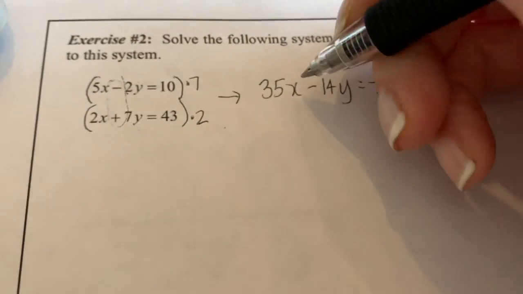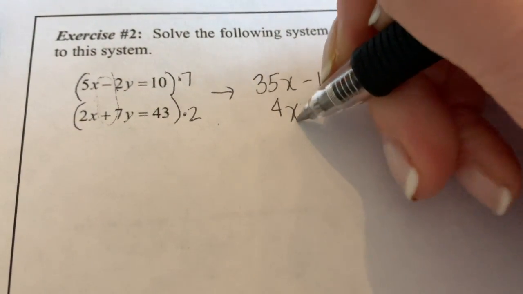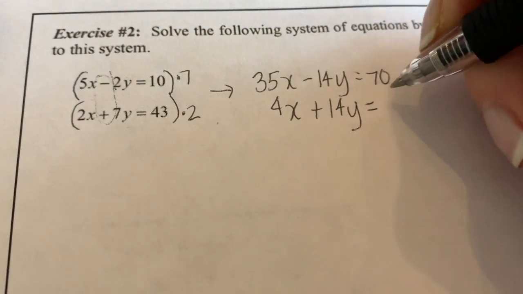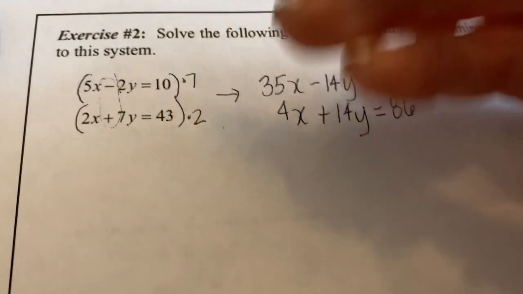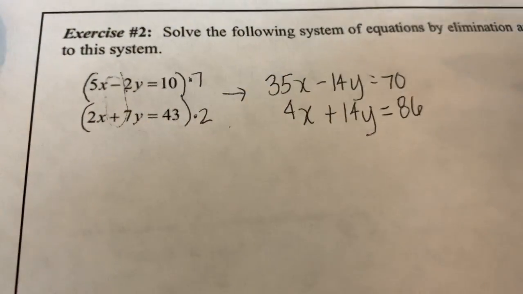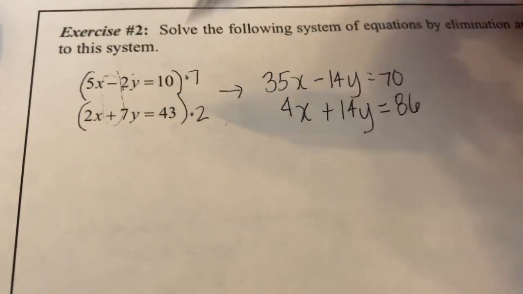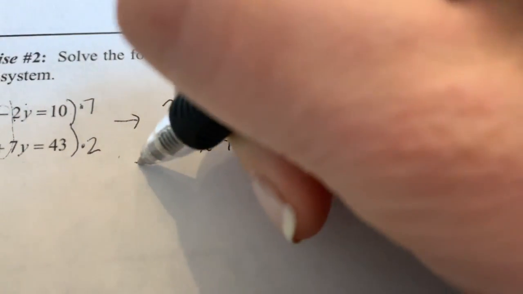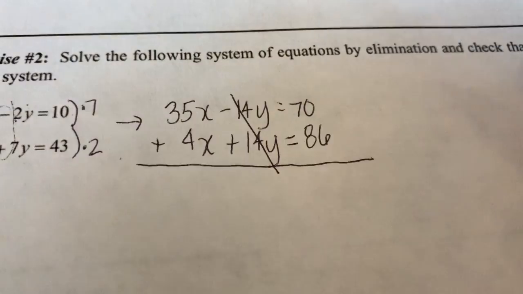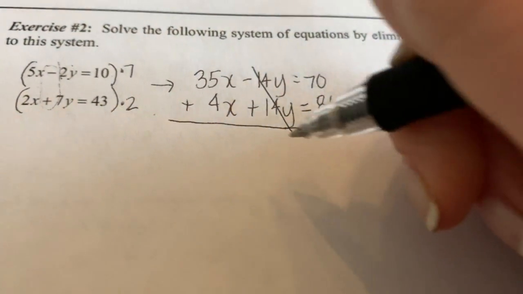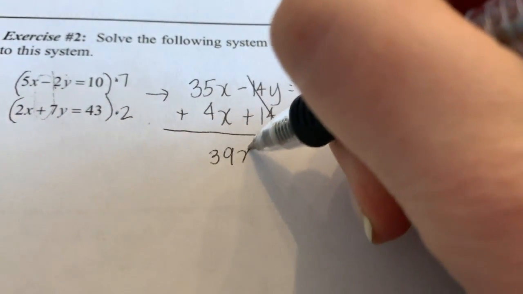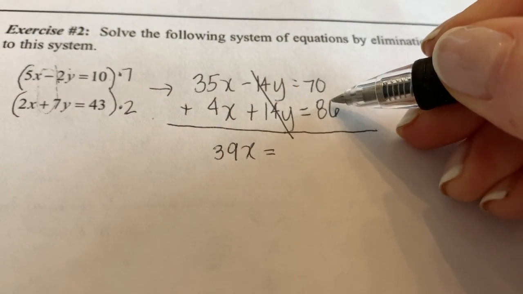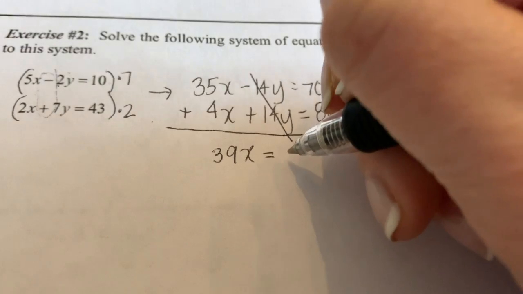That's going to turn into 4x plus 14y is equal to 86. Okay, and again, I'm just multiplying each piece by 2 and up top each piece by 7. And now, look, I have a -14 and a +14, so I'm going to be able to cancel it out. Goodbye. So now this becomes 39x is equal to 70 plus 86, which is going to give me 156.